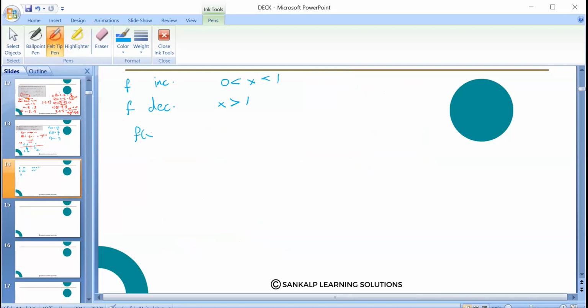So f of x will be less than f of 1 for x greater than 1.